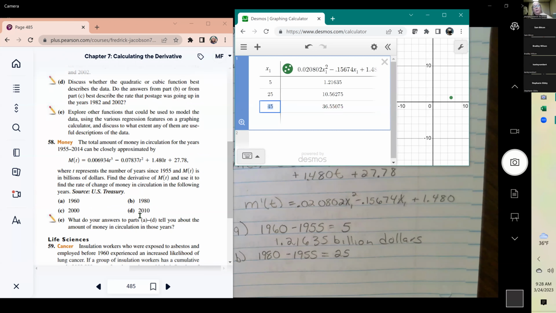Now it's going to keep going by certain values, but not necessarily what we want. So the 26th year, or in 1981, it went up, because it's positive, by $10.5 billion.